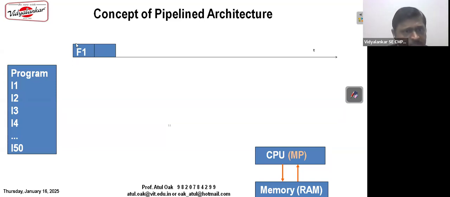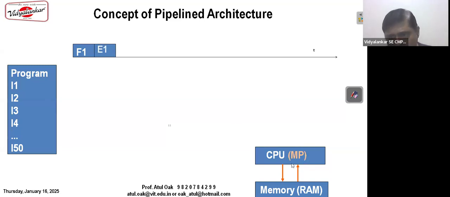You can see there is something called F1 appearing. That means fetch instruction 1. We have also done this in COA, the last module, pipelined concept, advanced concept. But anyway, let's now talk separately for 8086. So this instruction 1, you read from memory into the processor. That is called fetch, fetch instruction 1.